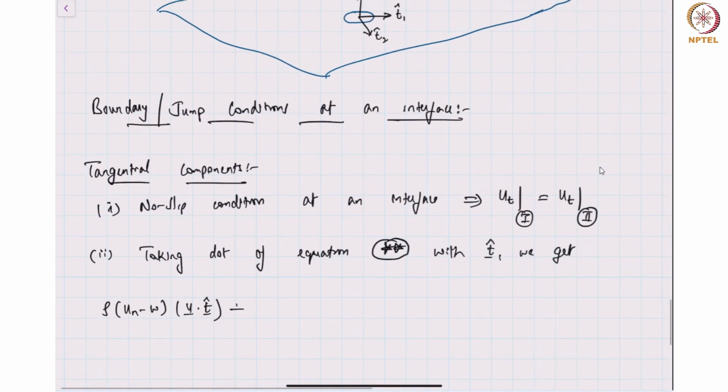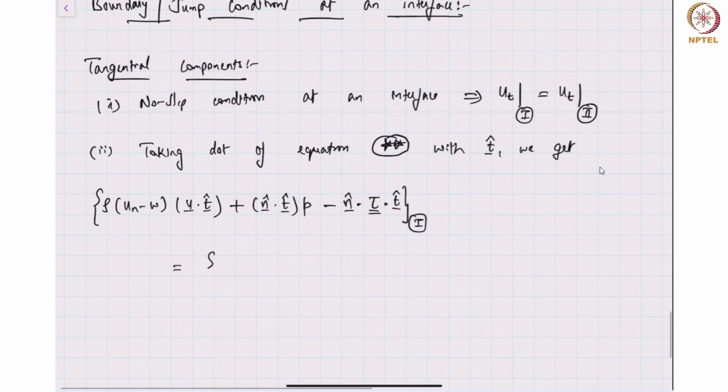Then I have plus n dot t of p. That's the pressure term. Finally, I have n dot tau dot t. Tau is the deviatoric stress tensor. Okay, this is over region 1. Is exactly same over region 2.